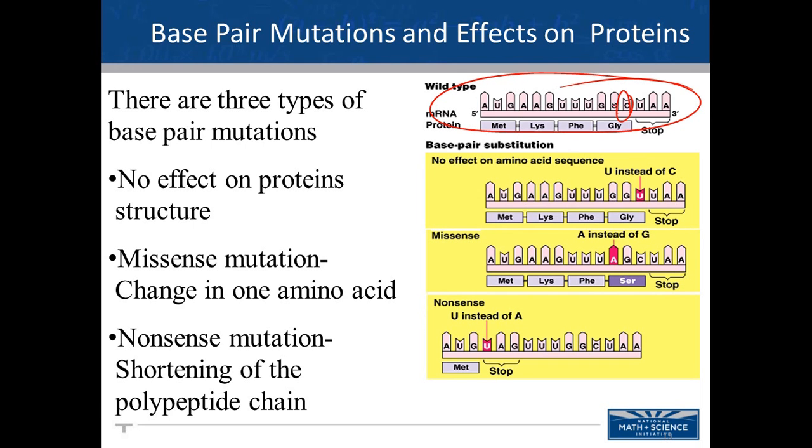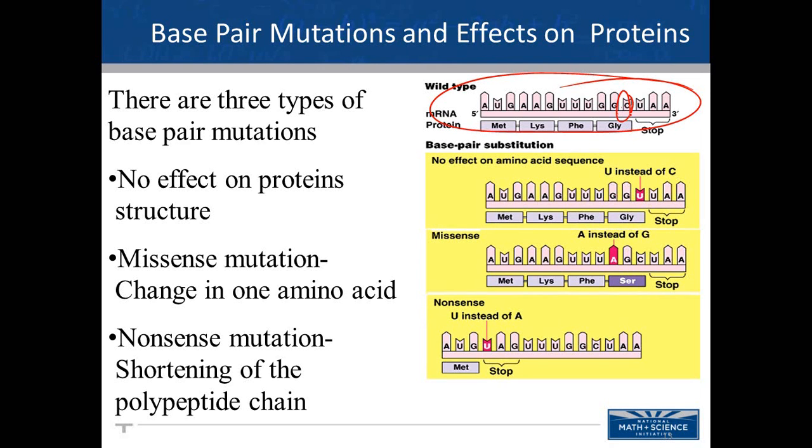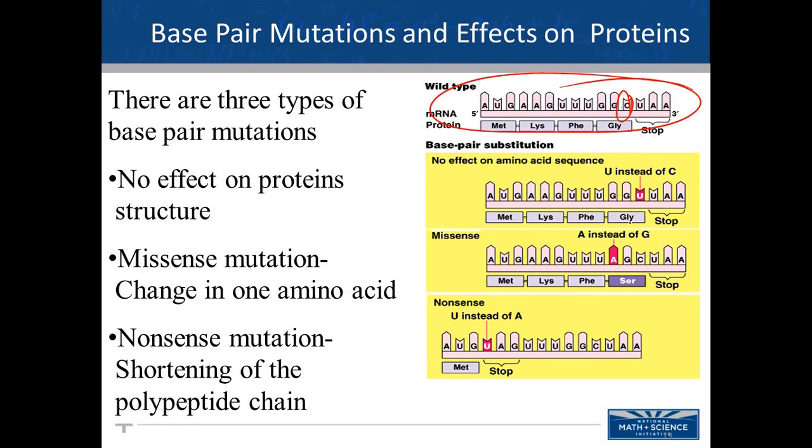Well, it is now GGU instead of GGC, and what happens is that GGC and GGU, they both code for glycine. So even though there is a mutation in the DNA and there's a U there instead of the C, there's no effect on the protein. So the protein has the same structure, nothing happens.